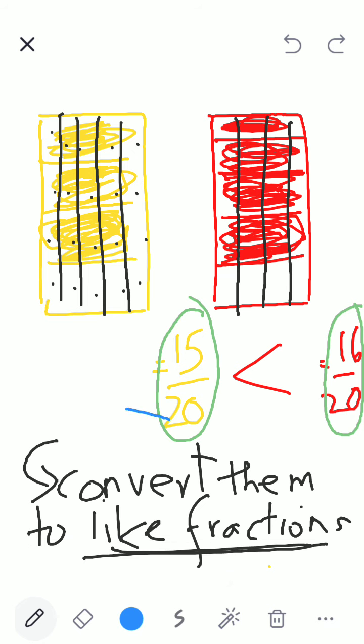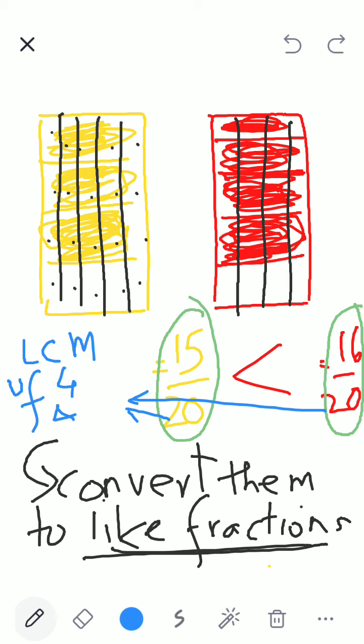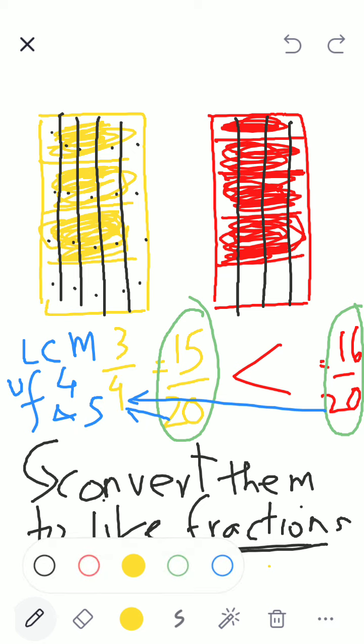in short, 20 is nothing but the LCM of 4 and 5. Why the LCM of 4 and 5? Because the original fractions were 3 by 4 and the original fraction here was what? 4 by 5.